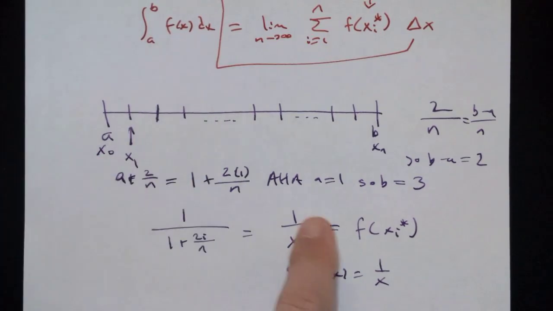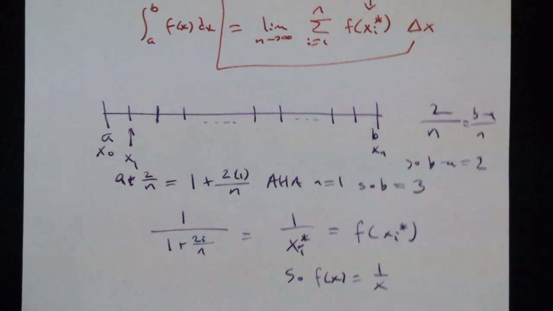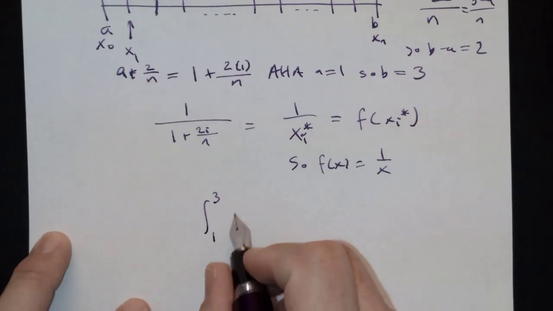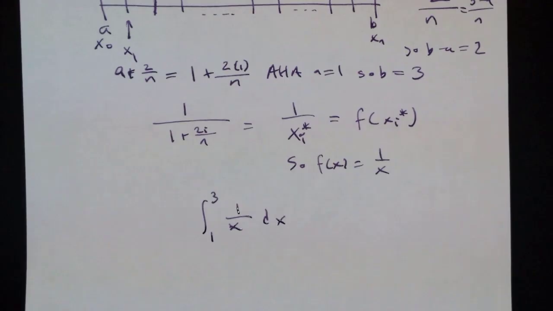And we now know a and b and f of x. All I have to do is translate from one geek speak idea to the other geek speak idea. I'm just looking at the way to write this.